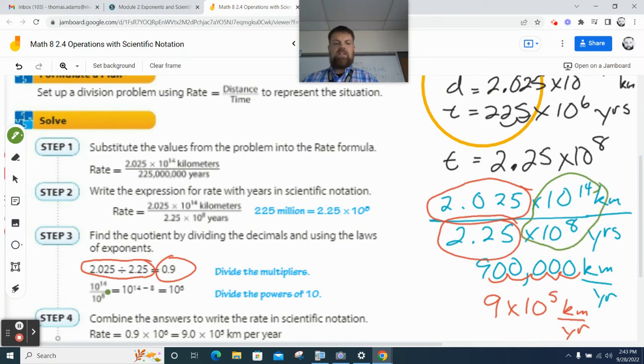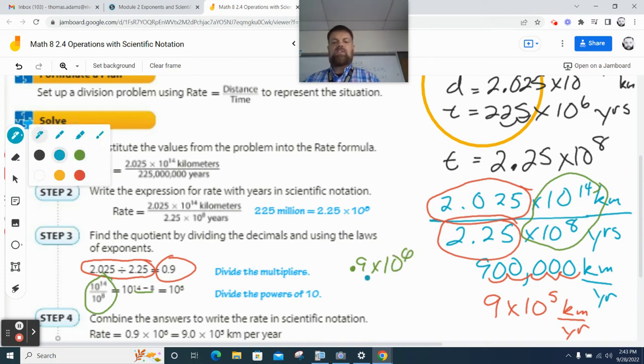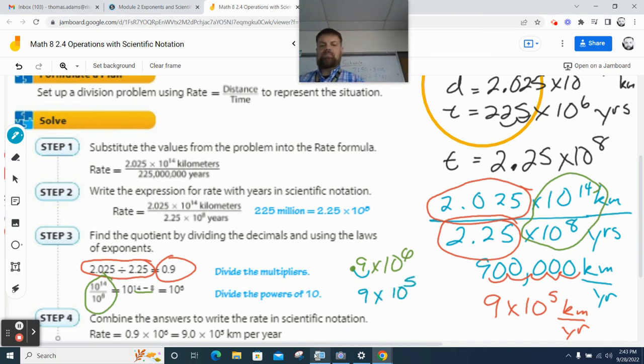And we know the shortcut for 10 to the 14 over 10 to the 8 is the same as 10 to the 14 minus 8, or 10 to the 6. So you'll have 0.9 times 10 to the 6. But I need to move this decimal over one space because I want one digit in the front. When I do that, I've got 9 times 10 to the 5th.